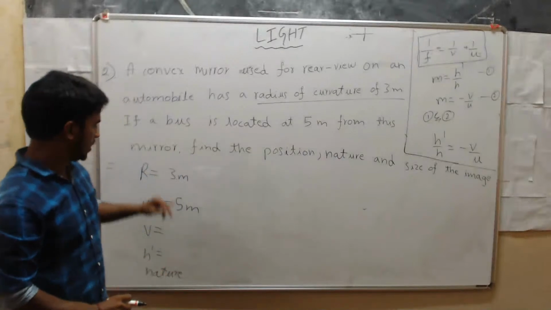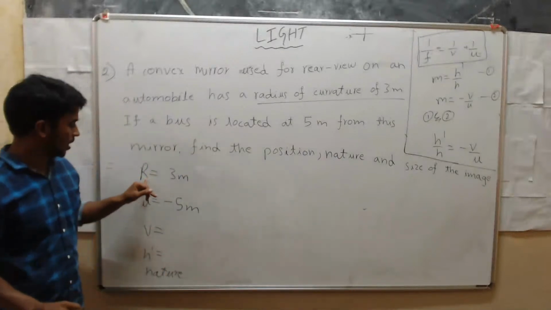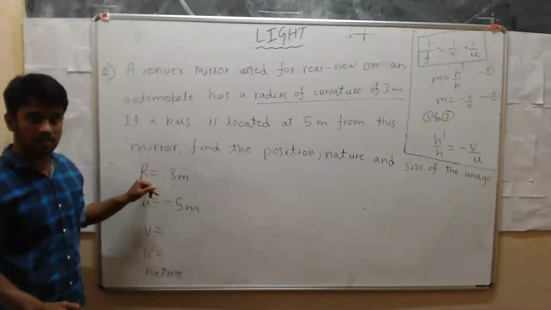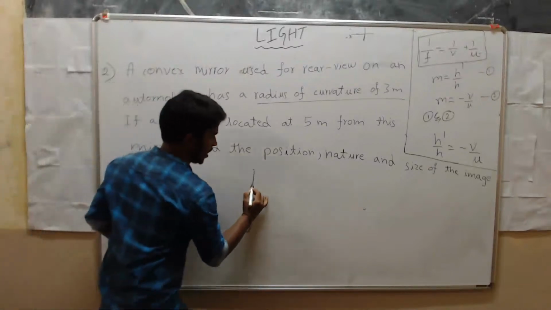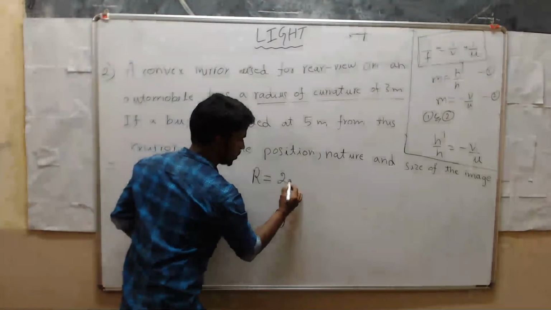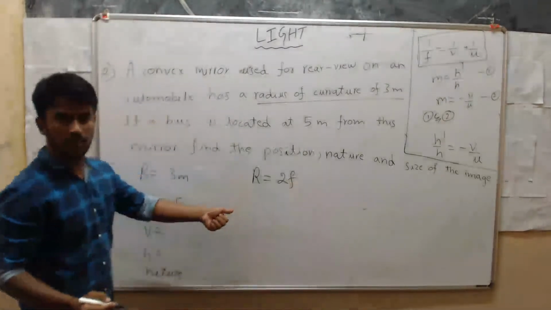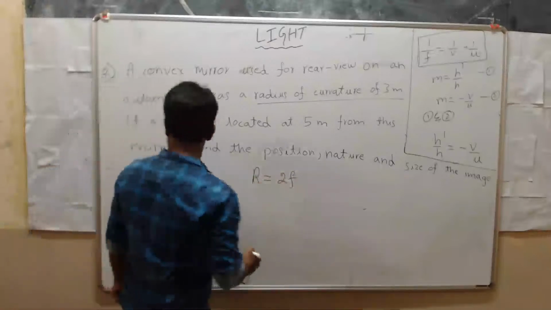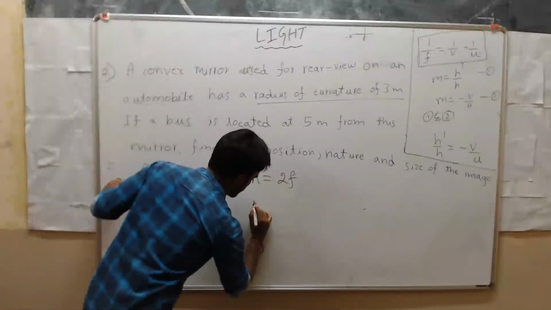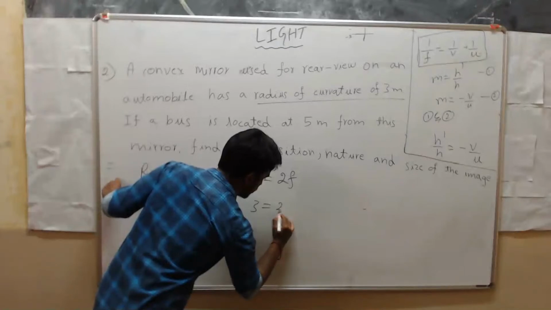Just observe here. Now this r is what? Radius of curvature. So r is equal to 3 meter. But we know the relation r is equal to 2f, right? So here we know the r value, so we can find the focal length. Substitute the value. R equal to 3, r equal to 2f.